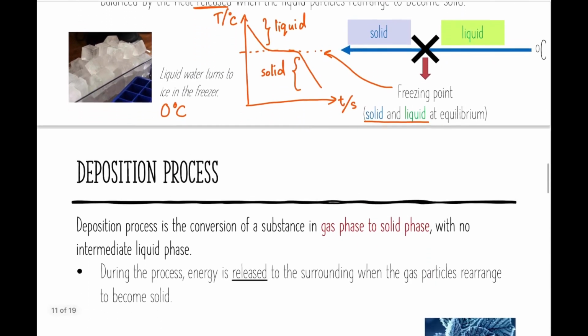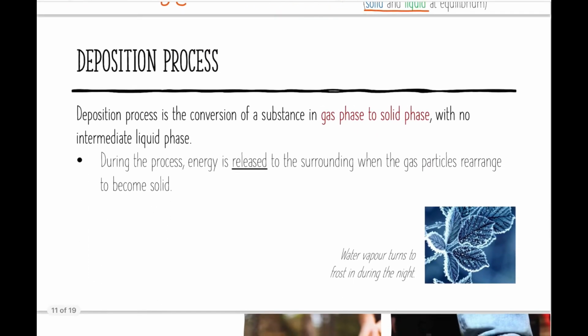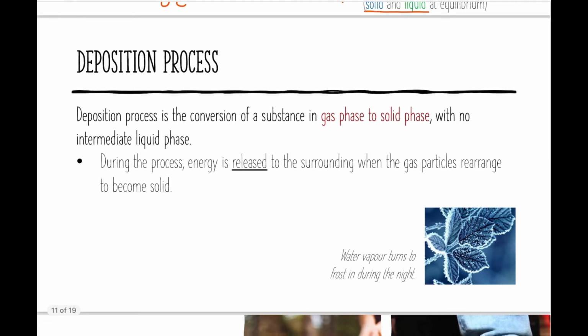Let's proceed to the deposition process. The deposition process is the conversion of a substance in gas phase to solid phase with no intermediate liquid phase. It means that the substance in gas phase directly turns into solid without being a liquid first.